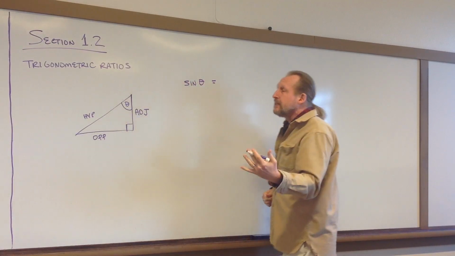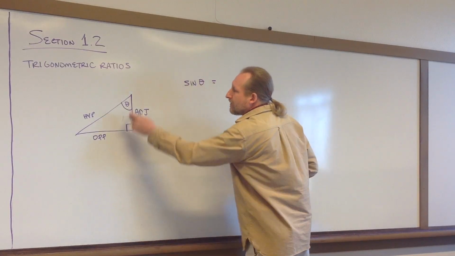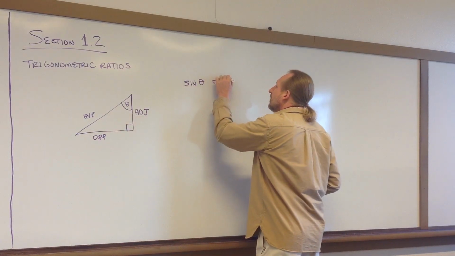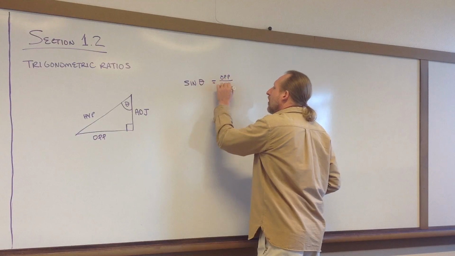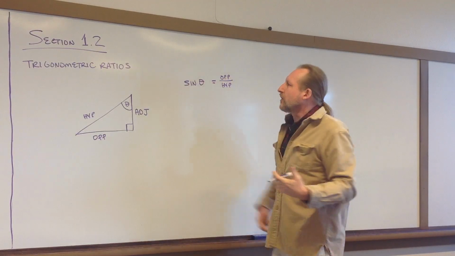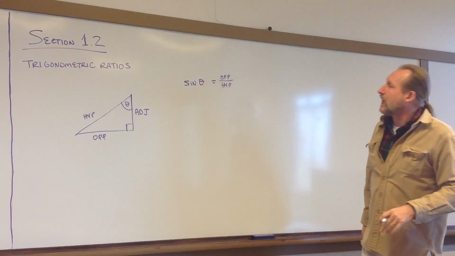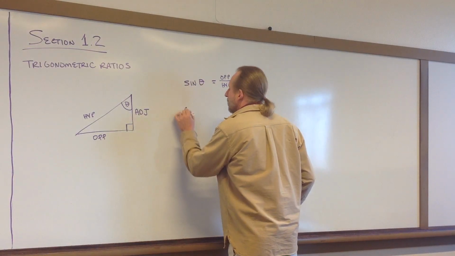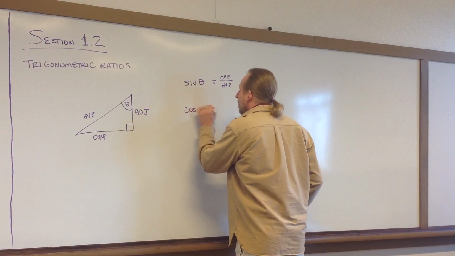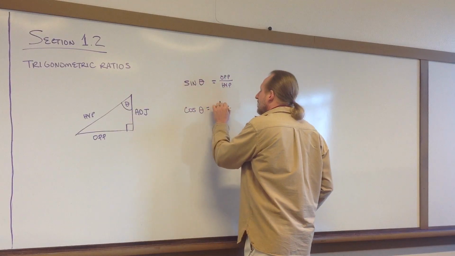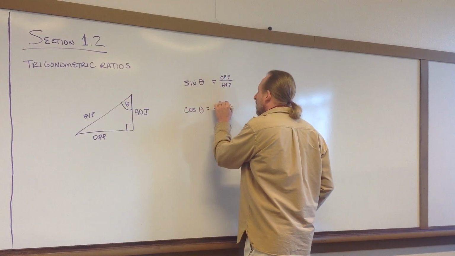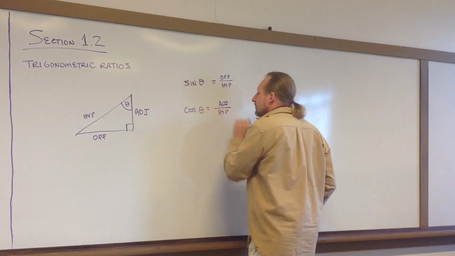So in the right triangle, our definitions here are the sine of the angle theta is defined as the side opposite the angle over the hypotenuse. So this is why they're called trigonometric ratios, because they're ratios of the sides. The cosine of the angle is defined as the adjacent side over the hypotenuse.